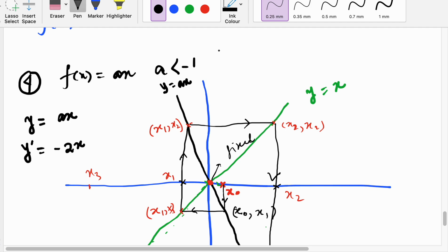So for all cases where a is less than -1, the behavior of the system will remain the same, and you can see from the cobweb diagram, and we will prove these things in the next class, that the fate of the system is that it diverges, going toward plus infinity or minus infinity.